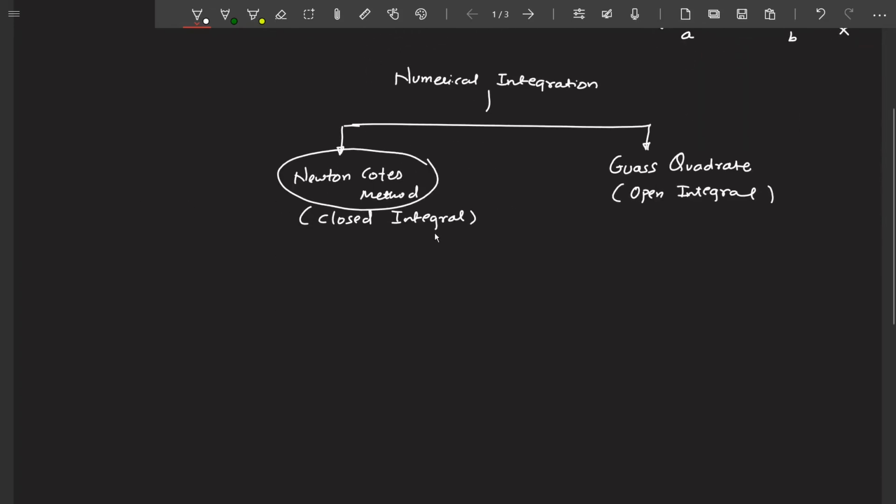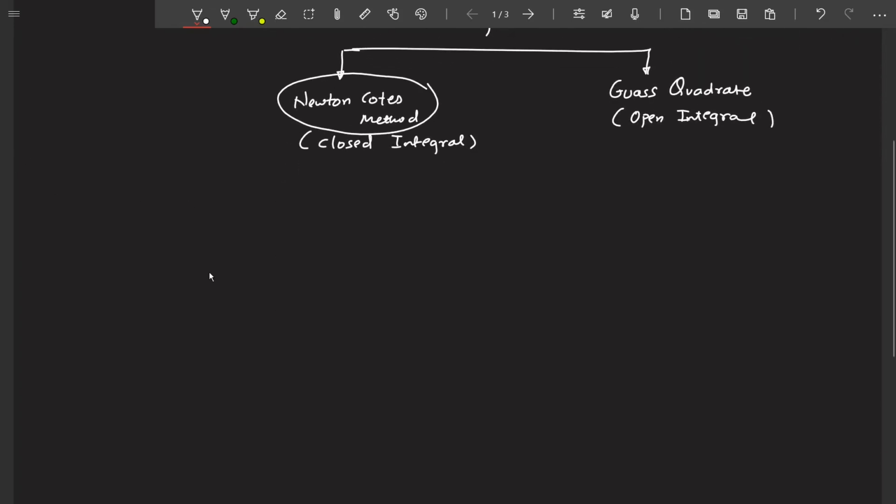Okay. So the idea behind the Newton-Cotes method is, let us say this is your integration from a to b of f(x) dx. As I said, in real life this function f(x) is very complicated and you cannot find the integration using the analytical method.